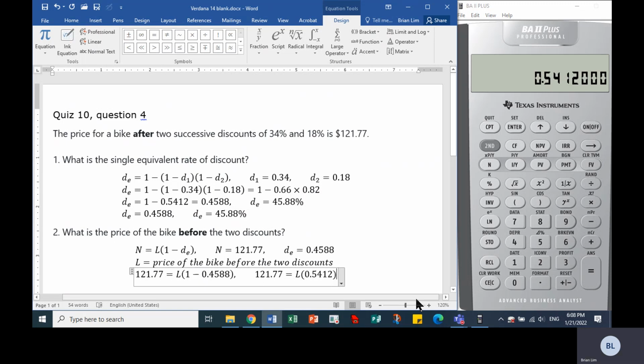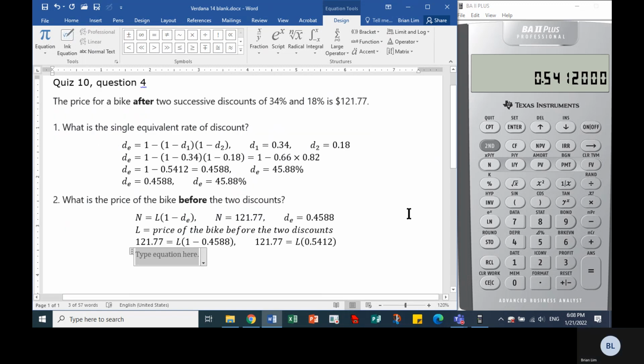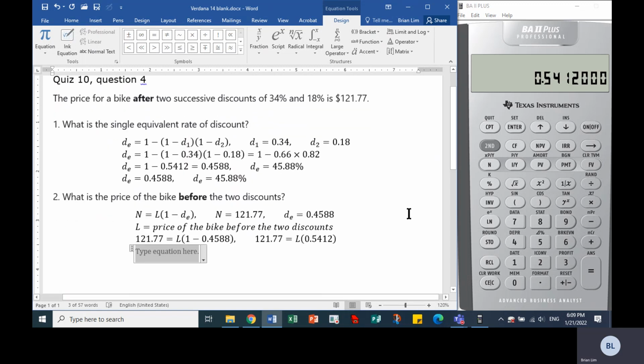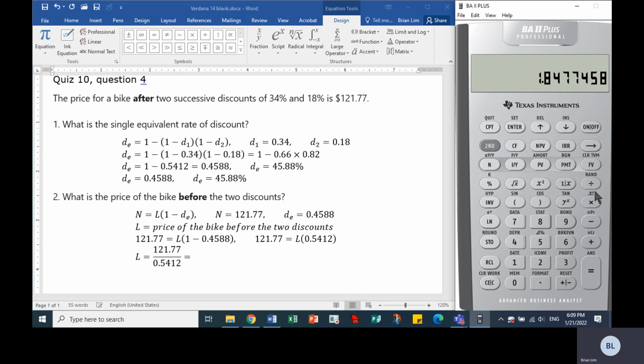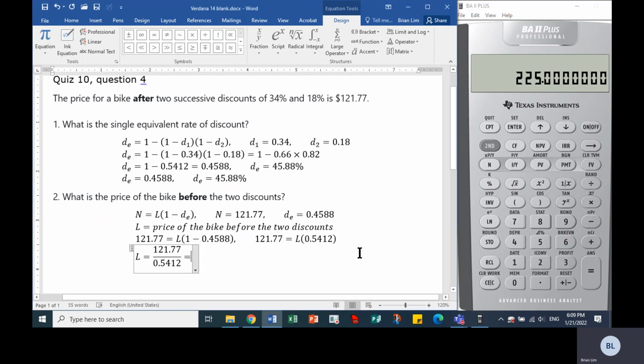Okay, so now we can calculate L. L is equal to 121.77 divided by 0.5412. We could actually just hit the reciprocal of this and multiply by 121.77, and we get the answer as 225.